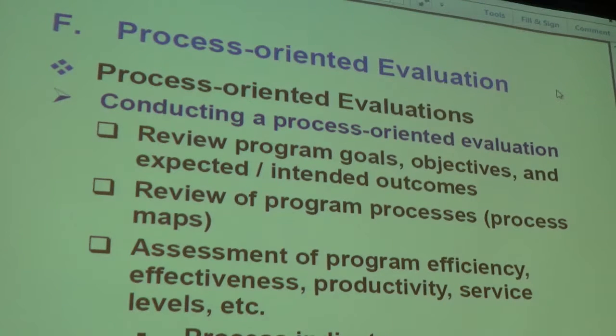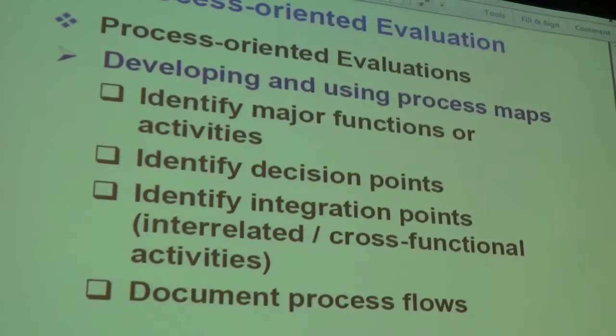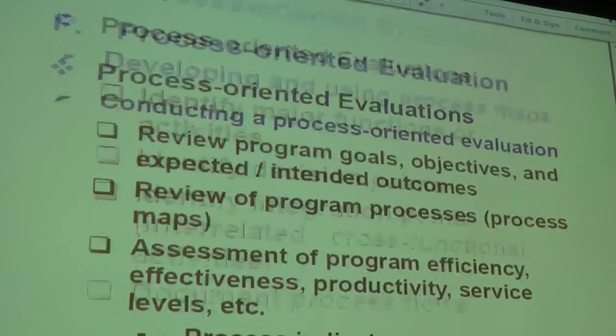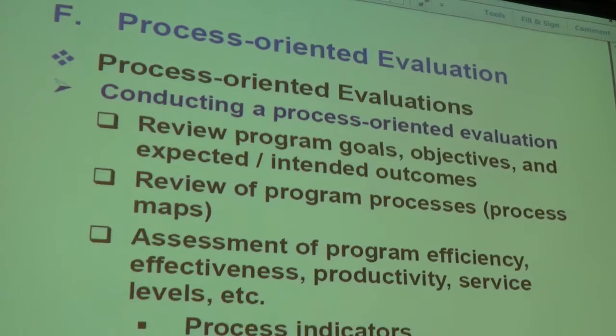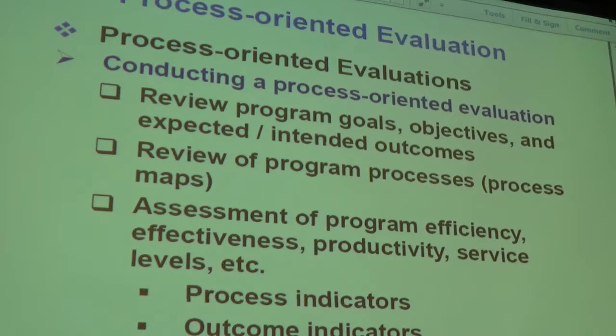So having process maps is actually very important and very critical. It helps to assess program efficiency, program effectiveness, productivity, and service levels. Undertaking a process evaluation of a program leads to process indicators to outcome indicators, and that's at every step of the process.